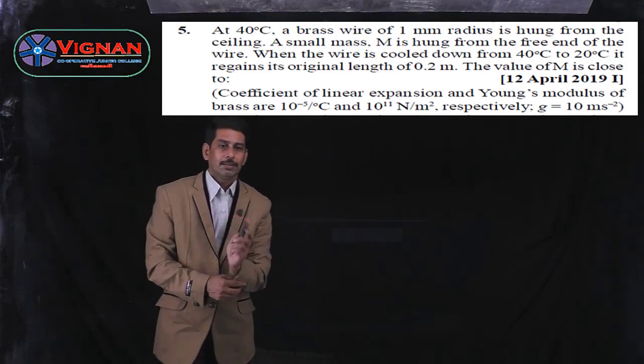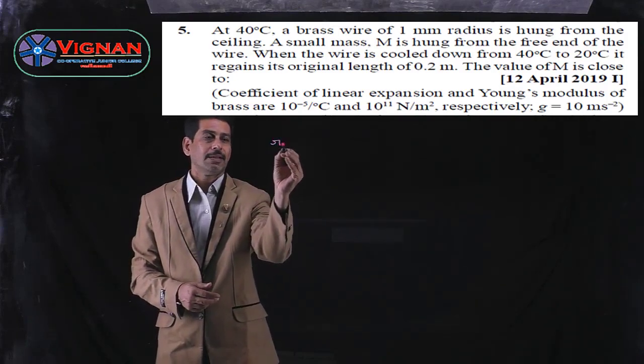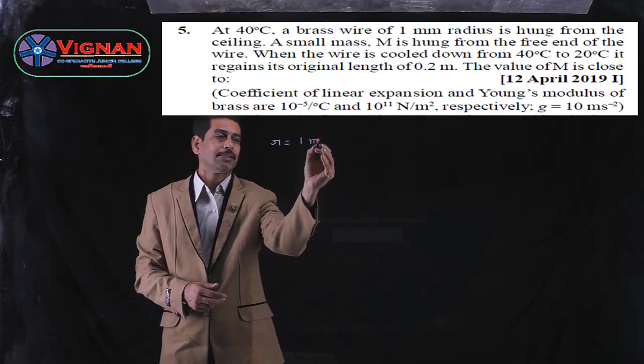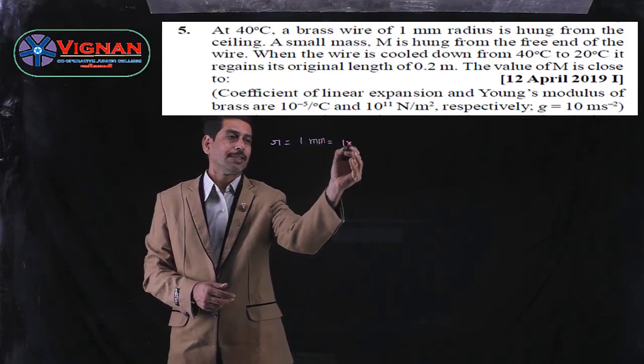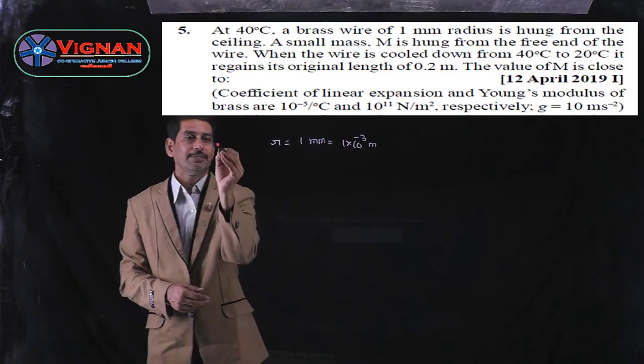Here the wire has the radius R equal to 1 millimeter, which is nothing but 1 into 10 power minus 3 meter. This is the radius of the wire.